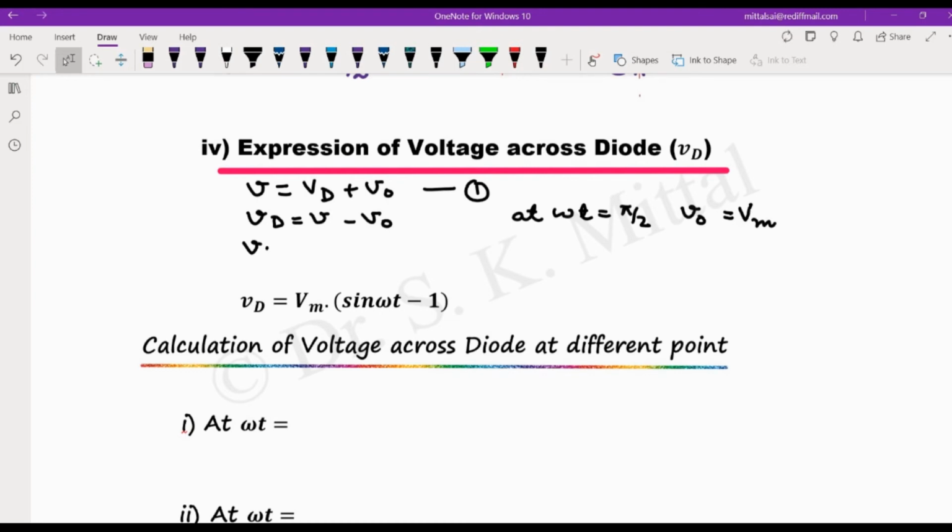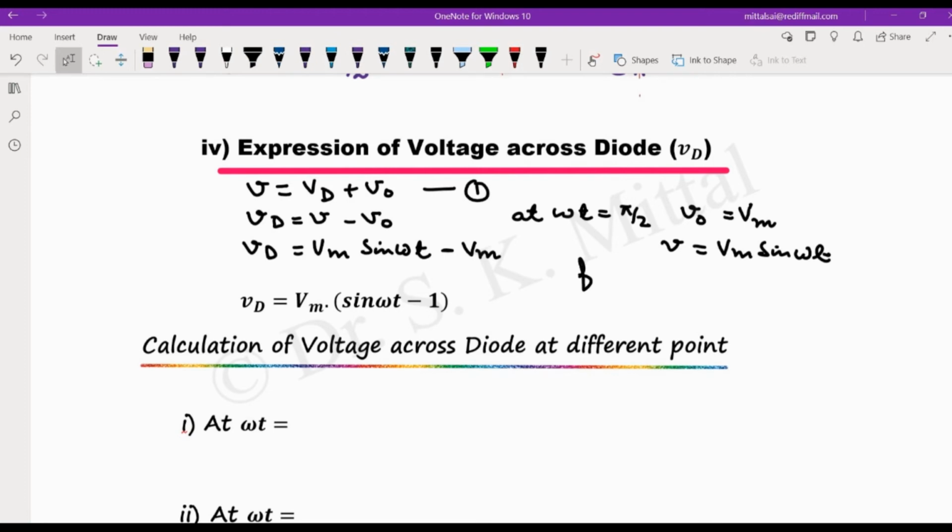So Vd is equal to, with the supply voltage V equal to Vm sin omega t, in place of V we put Vm sin omega t, and for the output voltage we put minus Vm. Why have we calculated the voltage across the diode at output voltage Vm?